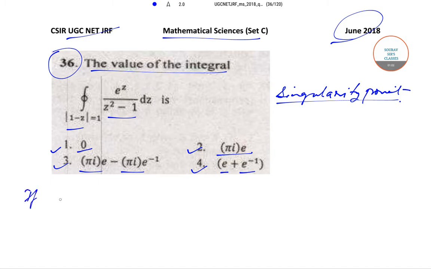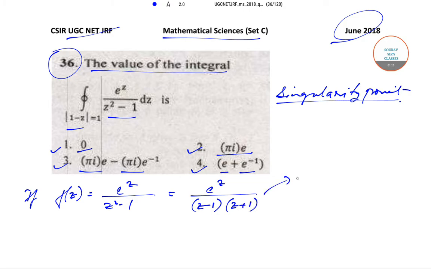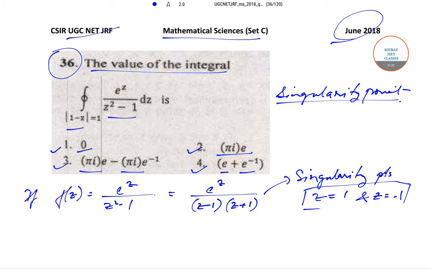If we take f(z) = e^z / (z^2 - 1), this can be broken down as e^z / ((z - 1)(z + 1)). So the singularity points are z = 1 and z = -1. So these are the two singularity points.